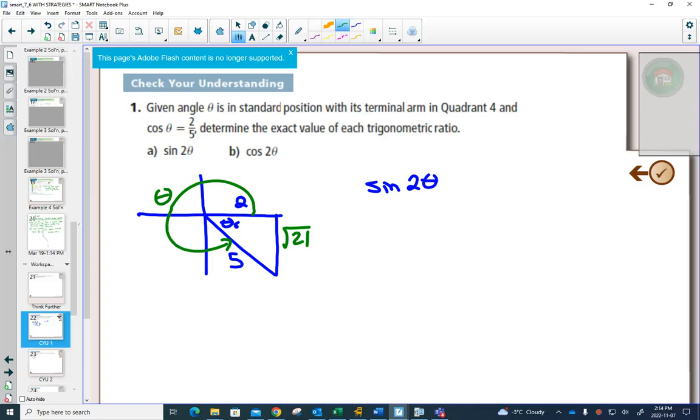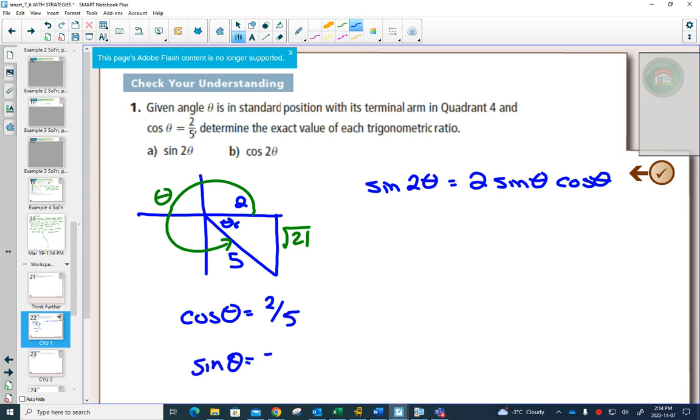Our formula for sine of 2 theta says it's equal to 2 sine of theta cos of theta. And from our triangle, we already knew that cos of theta was 2/5. And now we know that sine of theta is negative root 21/5 from our triangle.